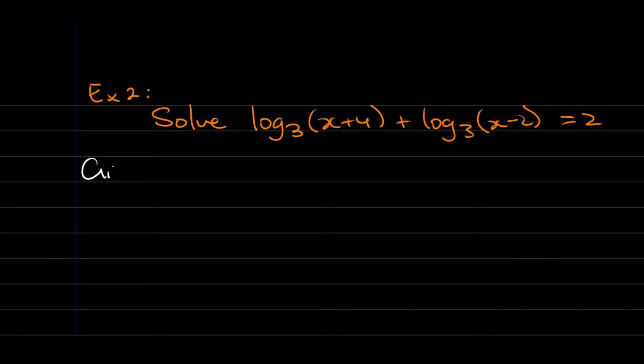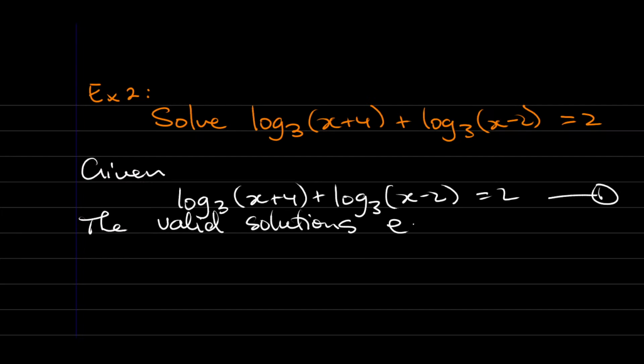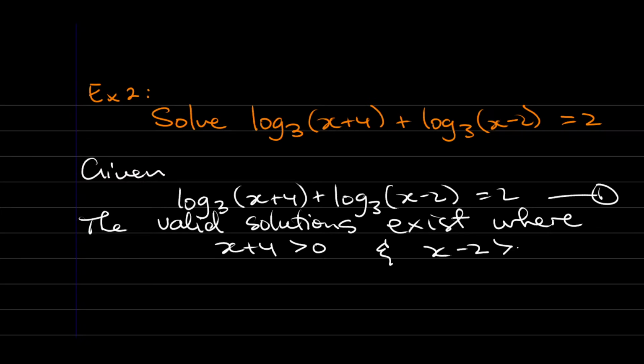And then we're going to say, given log to the base of 3 of x plus 4 plus log to the base of 3 of x minus 2 is going to be equal to 2, and this here is going to be 1, the valid solution exists where x plus 4 is greater than 0 and x minus 2 is greater than 0.